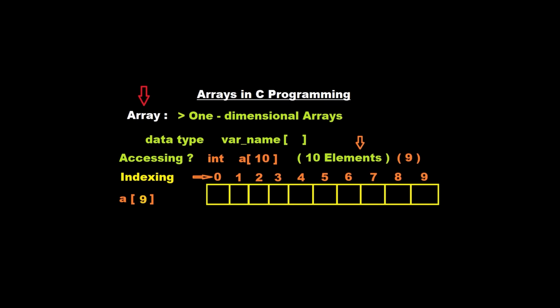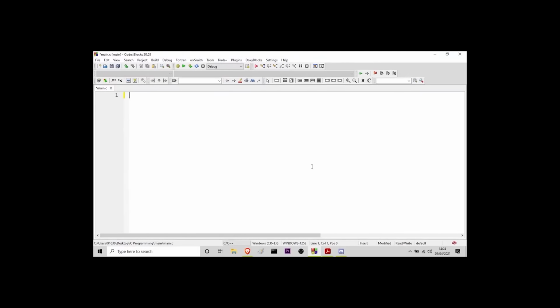Now let us move on to the editor so that we can understand more about this one-dimensional array. I am going to my editor now. As I told you, I will write my main function followed by curly braces.